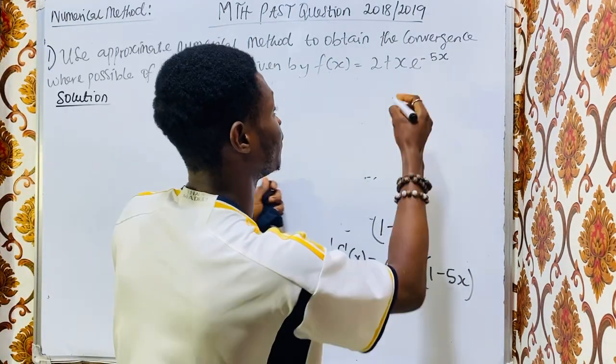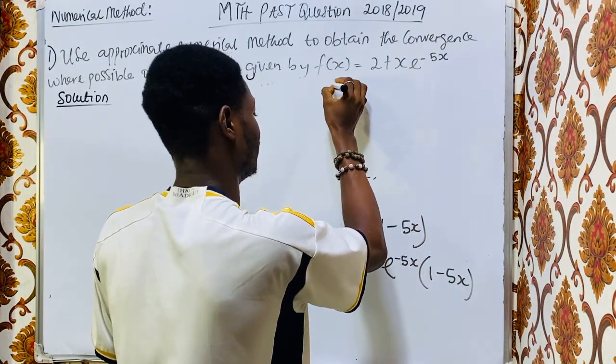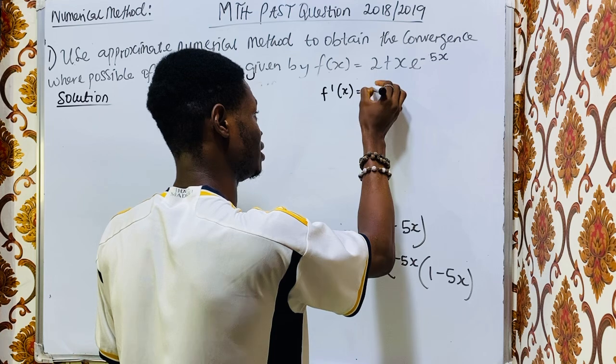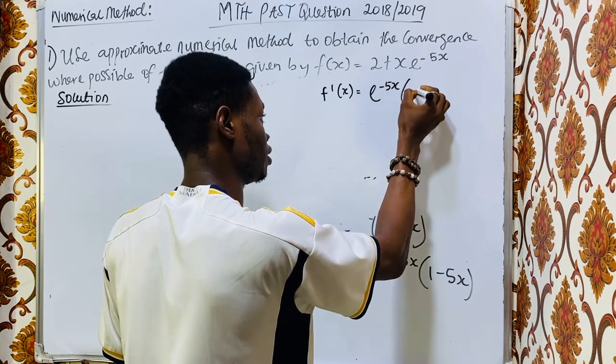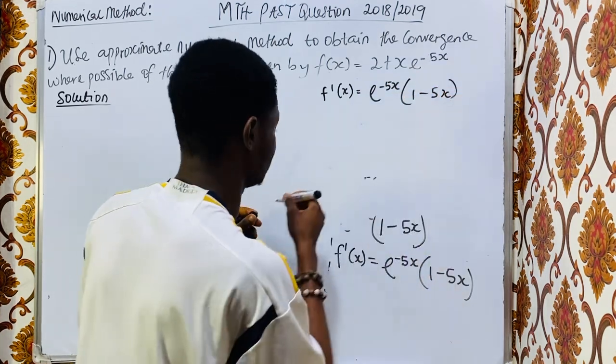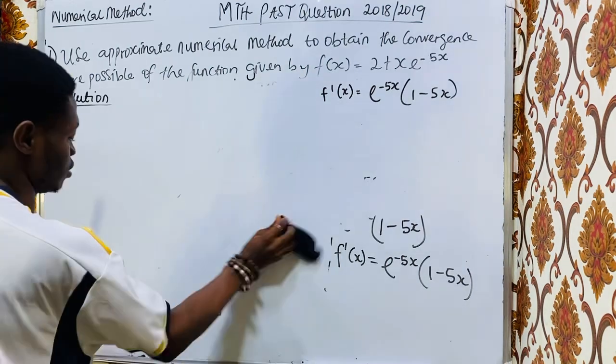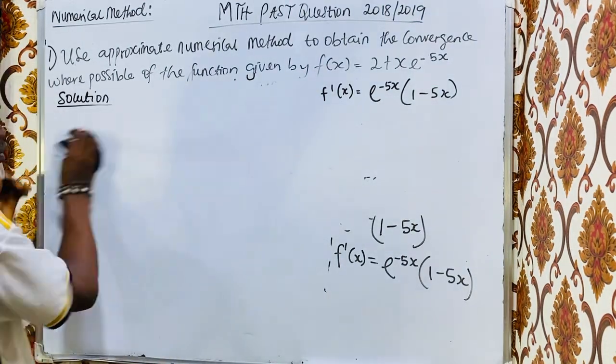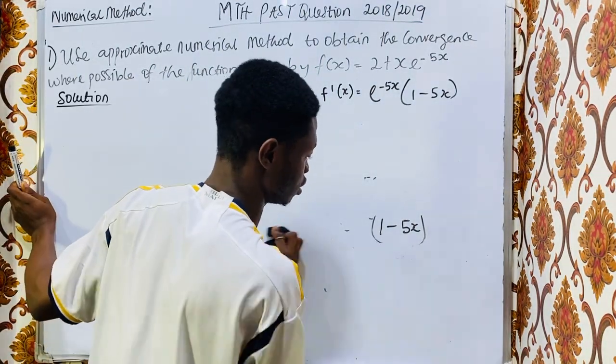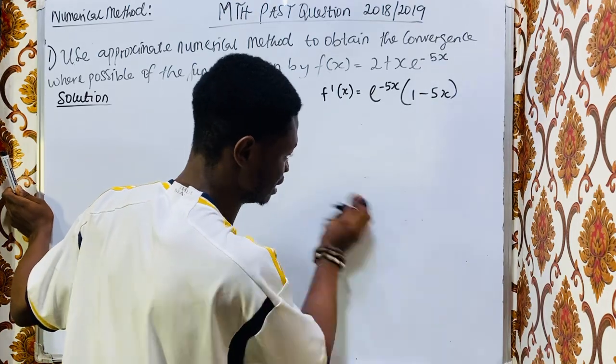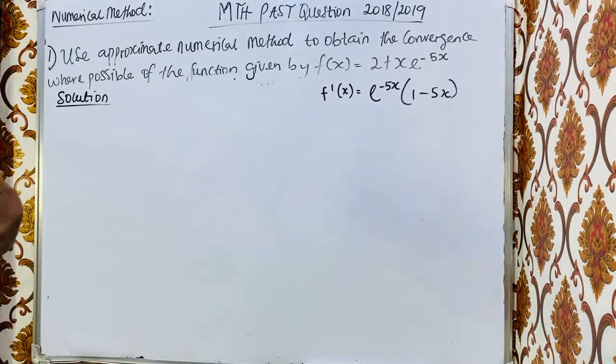Okay. Let me write it here. F prime of x, so that you'll be remembering it, exponential negative 5x, 1 minus 5x. Let me just write it. So let us iterate. Hope you can see it.